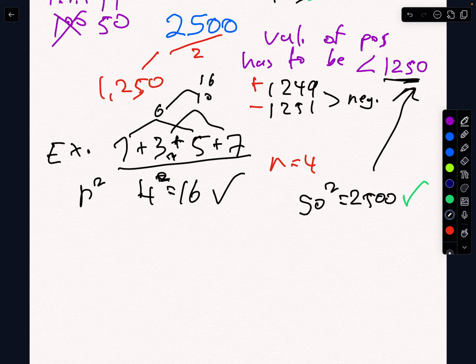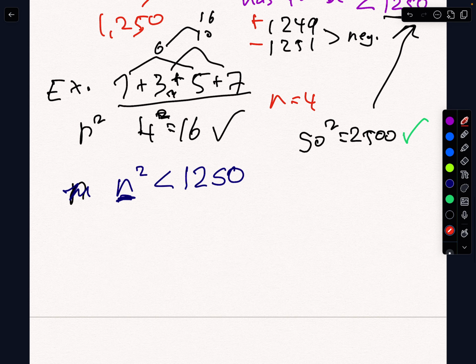So how does this help us? Well, the sum of the positive odd numbers has to be less than 1250. So now we just solve for n, and since we want to be most efficient, we want n to be as close as possible to 1250 without being greater than it.